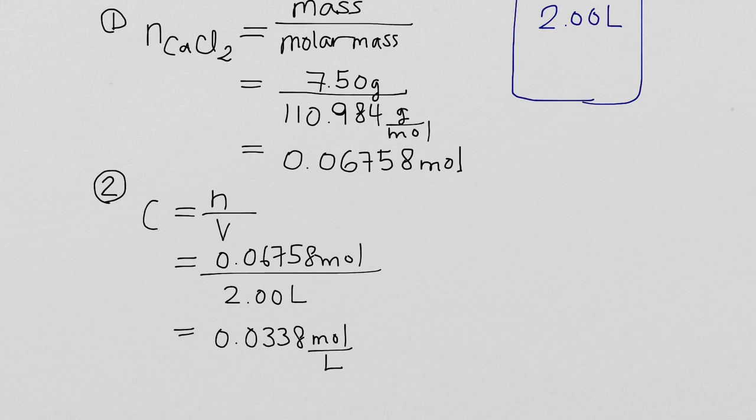So in order to make a comparison of different solutions, it's not useful to say, oh, there is this many moles dissolved in this beaker that's 2 liters, and then there is this many moles dissolved in that beaker that's only 1 liter. You cannot compare concentration when you have different volumes, which is why concentration is always put into per liter, and that makes it easy to compare different solutions or different concentrations.